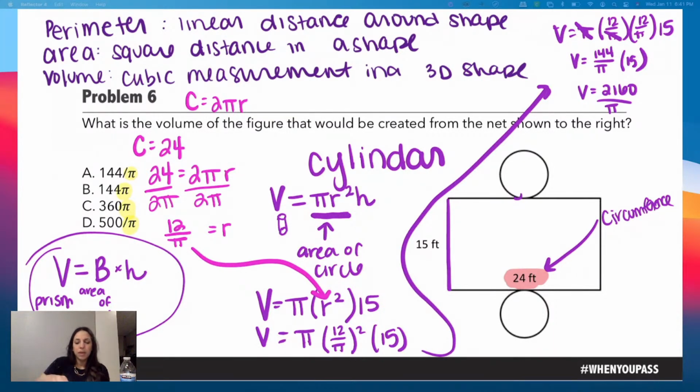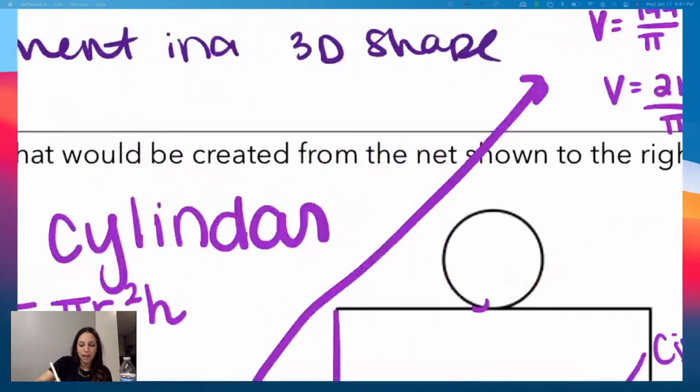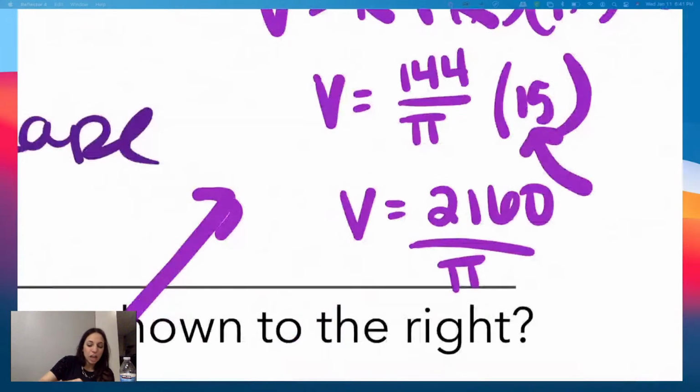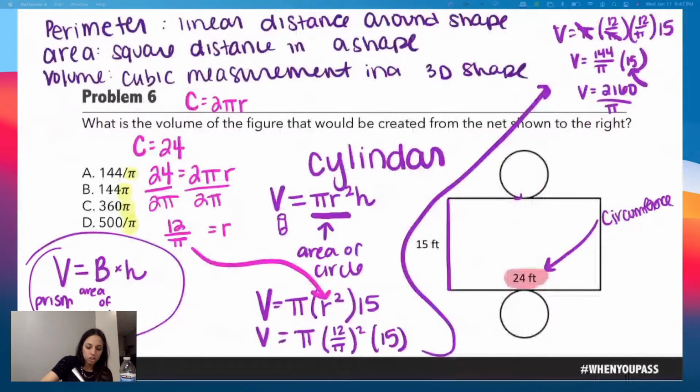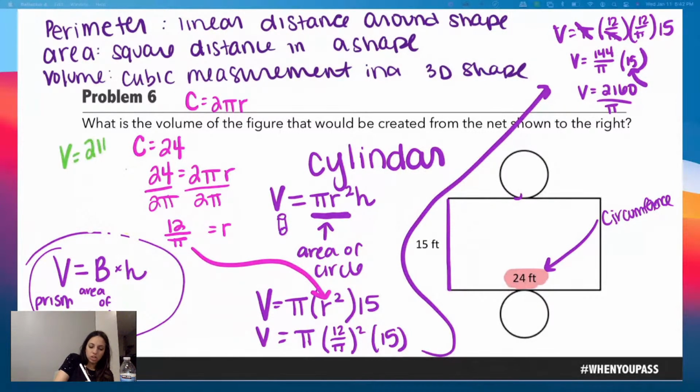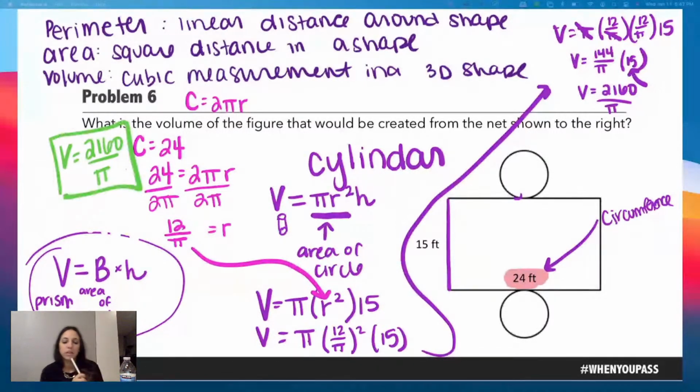Oh, because when I solved this earlier today, I totally forgot to multiply it times 15. So that said, we're going to say that our answer is indeed 2,160 divided by pi. And there's our answer.